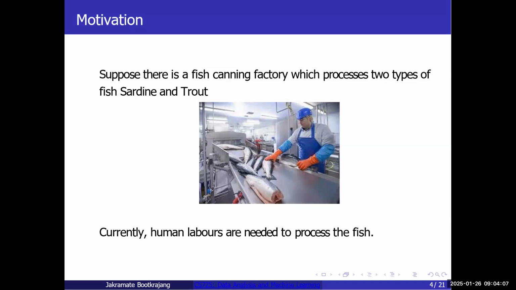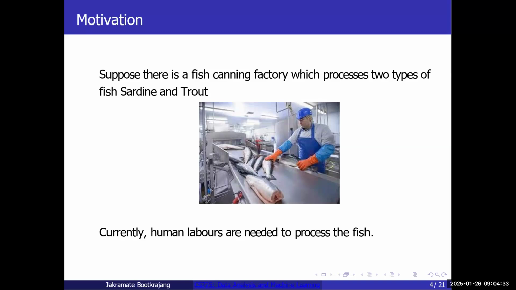Basically, the fisher catch fish and want to put fish in a can, right? Now, when you catch fish, you cannot just pick which type of fish when you want to catch, right? Normally, you get a lot of many type of fish, and you have to separate them, right?